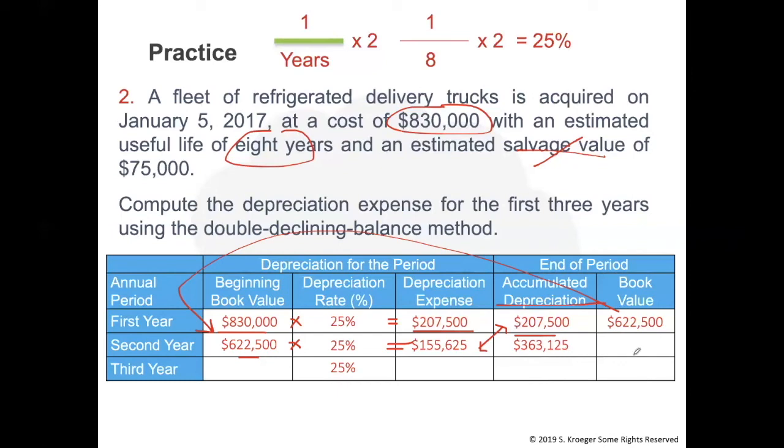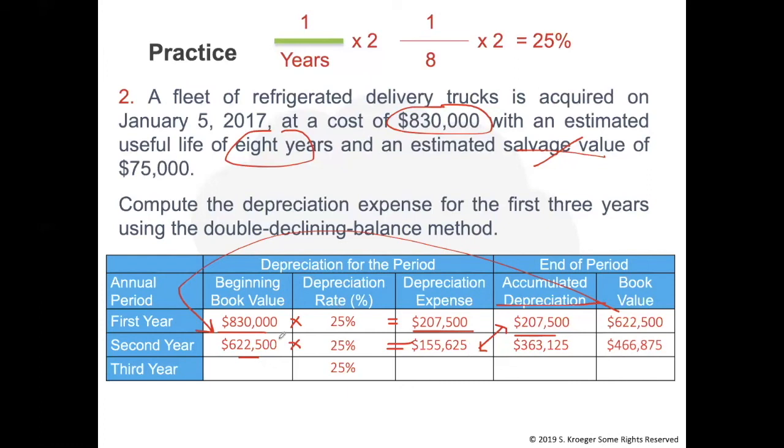The book value you can calculate one of two ways. The first way is taking the book value at the beginning of 830 minus the 363,125. The other way of doing it would be taking your current book value of the 622,500 minus your current depreciation expense. Whichever way you do it, you will get the same answer of $466,875.